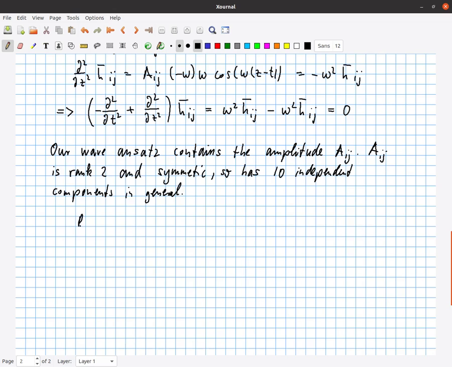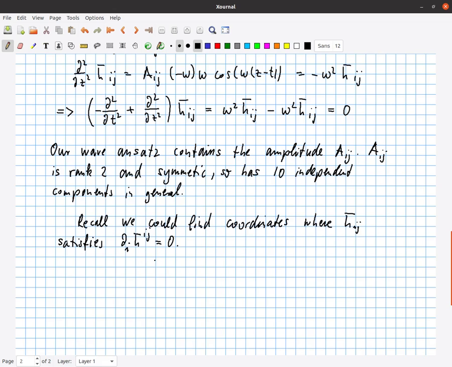However, recall, we could find coordinates, and we assumed that we are working in these coordinates, where h bar ij satisfies partial i h bar ij equals 0.